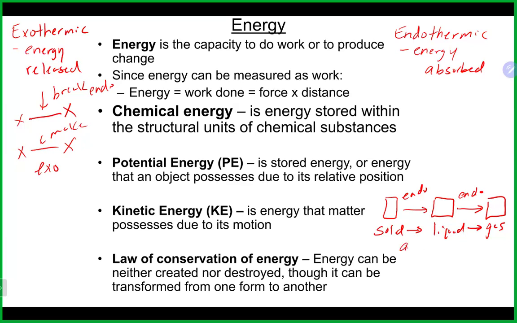If you're going from gas to liquid to solid, that's all an exothermic process. If you think about gas molecules, they're flying around really fast. You have a lot of energy. When they release that energy and they come in contact with each other, they now don't have enough energy to get away from each other. So they kind of clump together and go into the liquid phase.